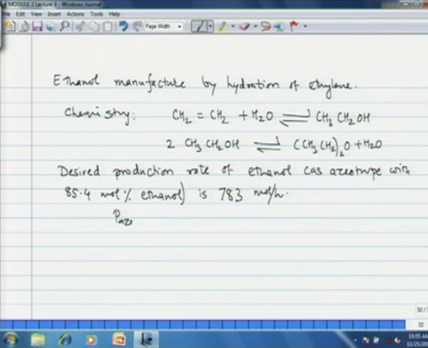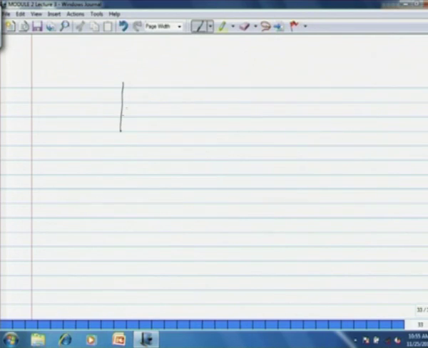Now, let us try to draw the recycle structure of this particular process. The process will comprise of a single reactor because both reactions have same temperature pressure condition.